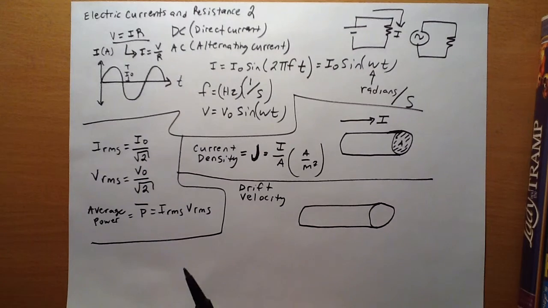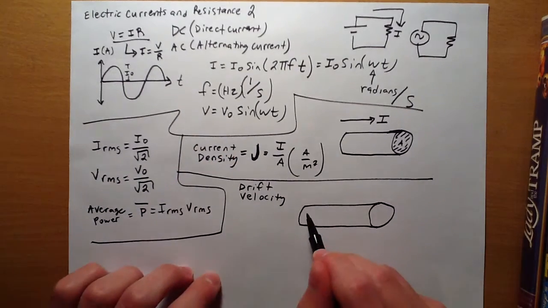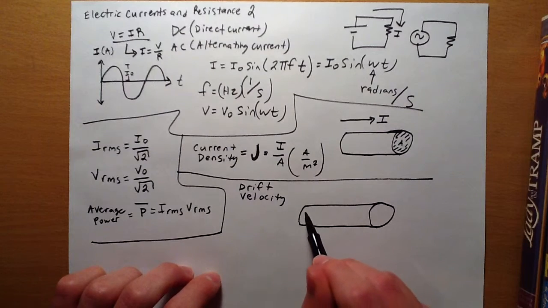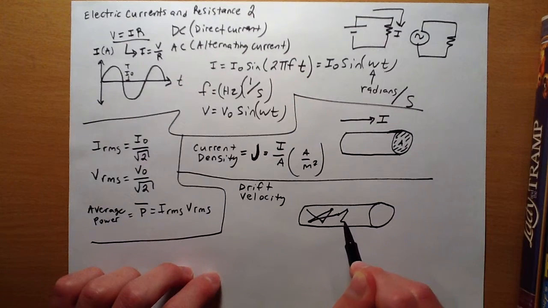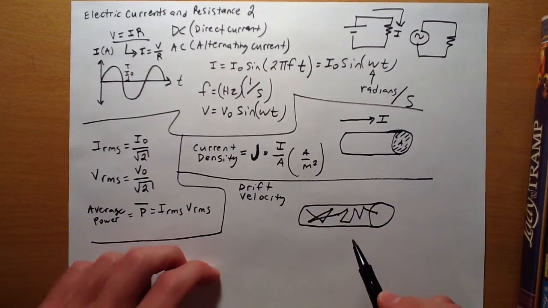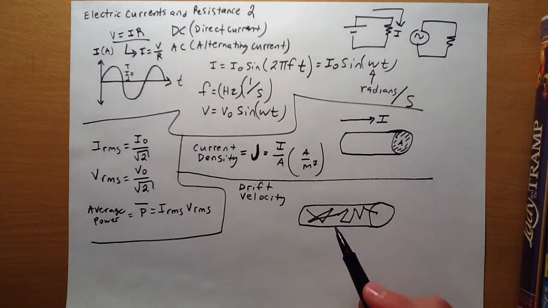When electrons travel through a wire, the electrons hit all these different atoms and they go everywhere. It's not the speed of light going through. It's actually pretty slow. So we have an electron here, goes here, collision, here, collision, and so on, and finally gets out of the wire.